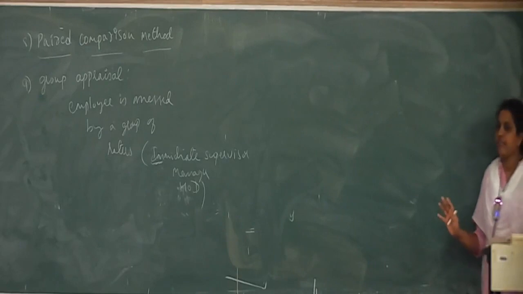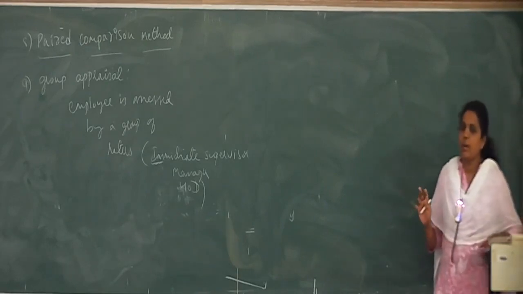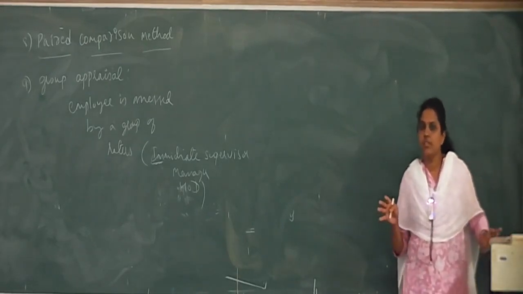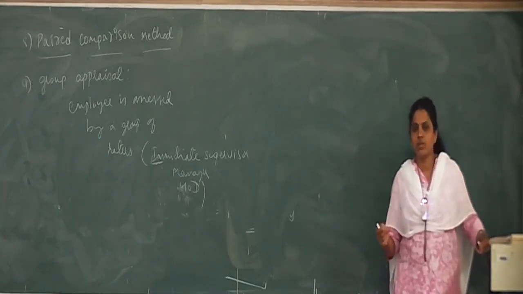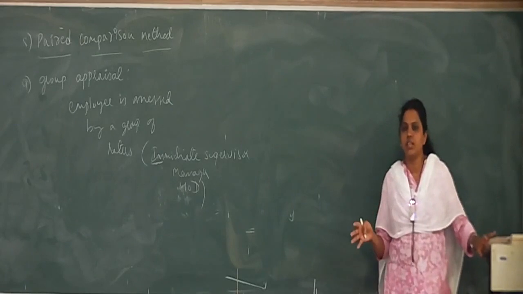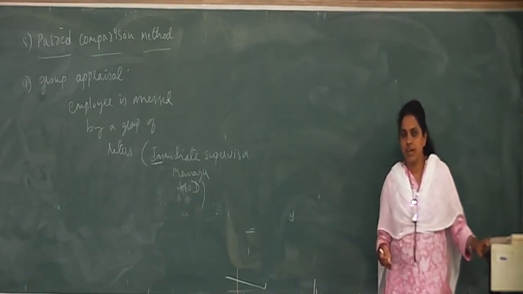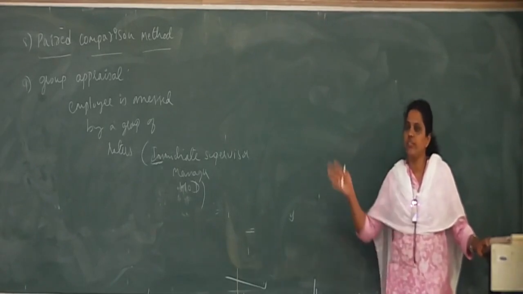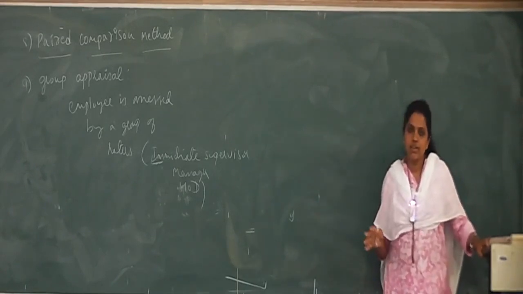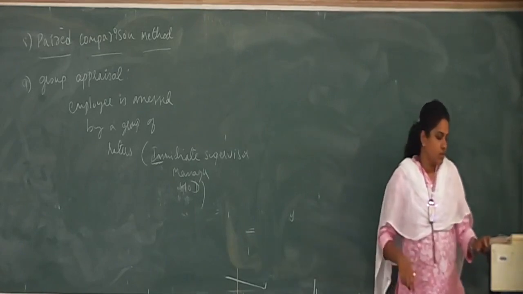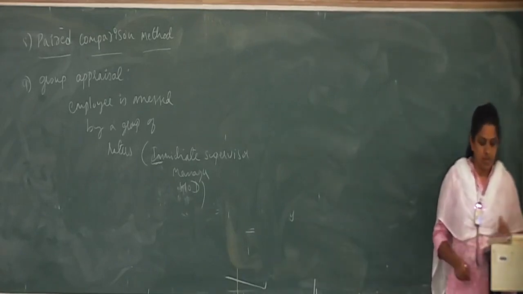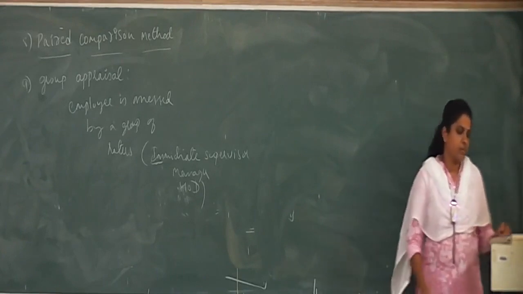Here we have properly discussed the meaning or concept of each method, how the process is done, the procedure, the various formats, and also the disadvantages or limitations and advantages of each method. Okay, so now let's go through the modern methods of performance appraisal.